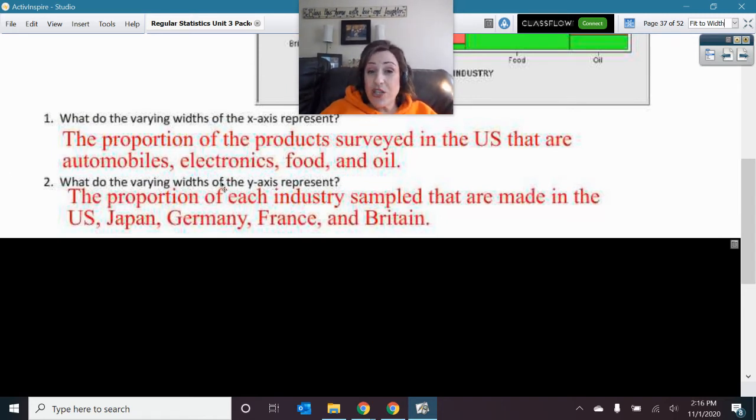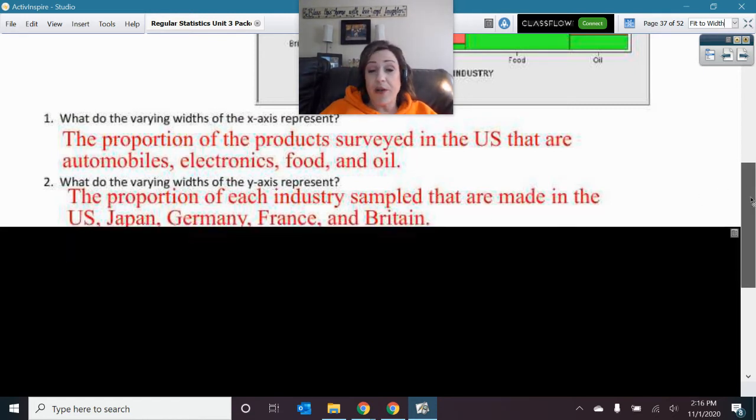So it's the proportion of each industry sampled. So it's the proportion of the automobiles that are made in US, Japan, Germany, France, and Britain, or imported from. The proportion of each industry is the denominator, and what is made in the nation is the numerator.